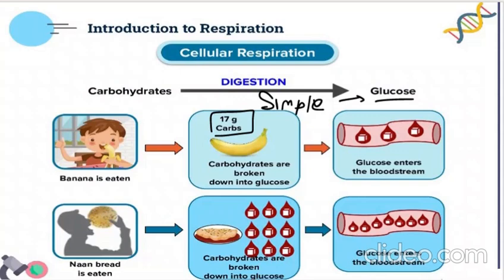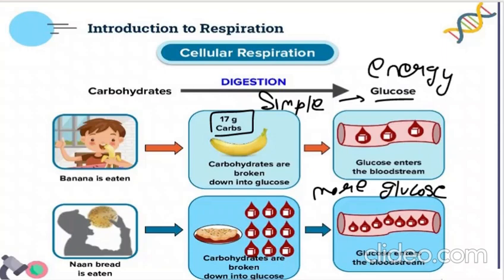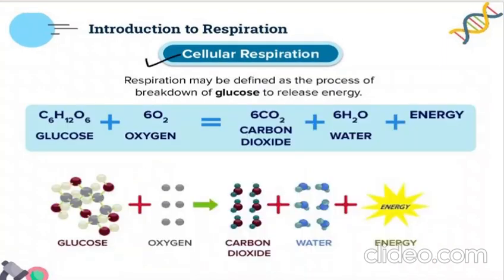If you eat naan bread or chapati, there are more carbohydrates, which are also broken down, so there is more glucose which enters the blood. And with this, what do we get? Ultimately, we get energy. So basically, cellular respiration is responsible for providing us energy.